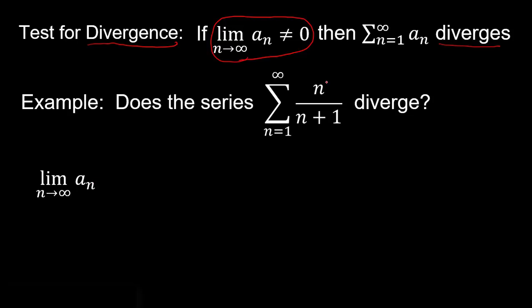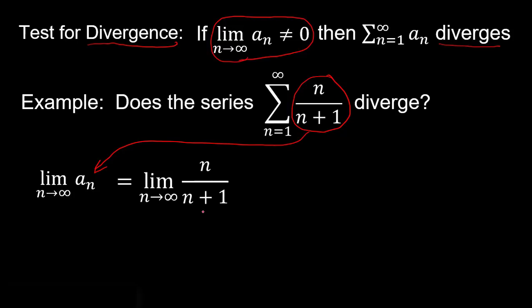Of course, this is our a sub n, because this is our sequence term in the middle of this series. So we take this a sub n term and plug it in, and we get this limit. If you recall, we actually solved this limit earlier in our previous video. It's pretty simple. We're just going to multiply the top and the bottom by 1 over n.